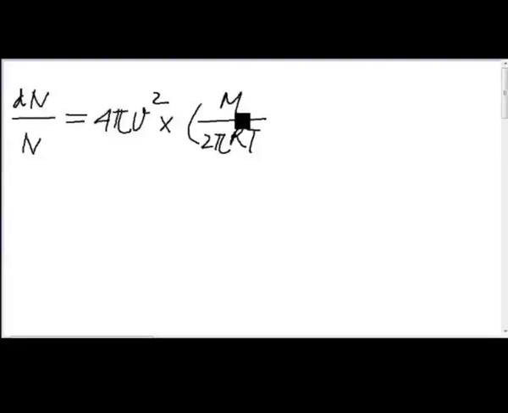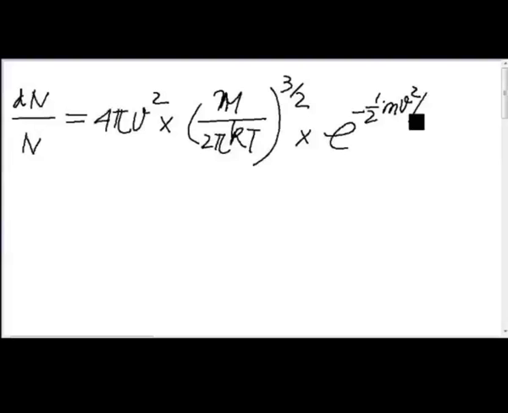Oh, sorry, you can use k, but this must be m, small m, mass, times e to the minus half m v squared per kT, times dv.